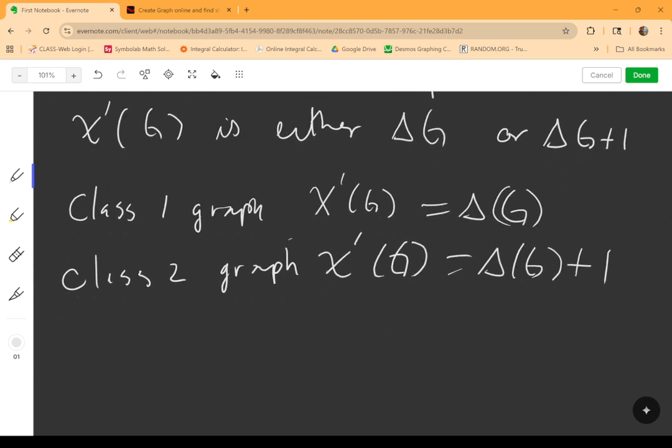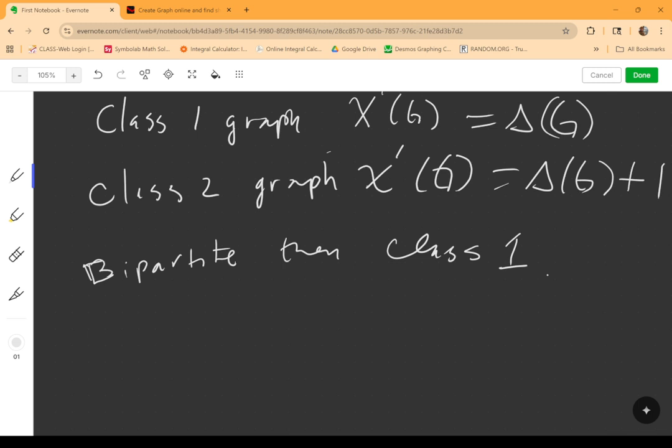Going further, bipartite graphs are always class 1. So that would be for sure: if it's bipartite, then it is class 1, or whatever the maximum degree happens to be.